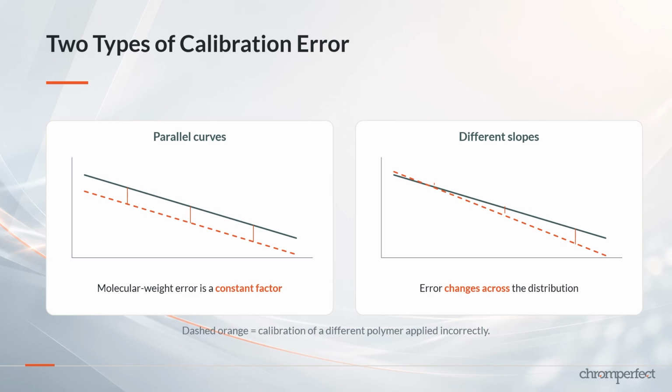In that case, using the calibration for one polymer to analyze the other produces molecular weights that are wrong by a constant factor. Other pairs of polymers produce calibration curves with different slopes. In that situation, the error is not constant. The calculated molecular weight error changes across the distribution.